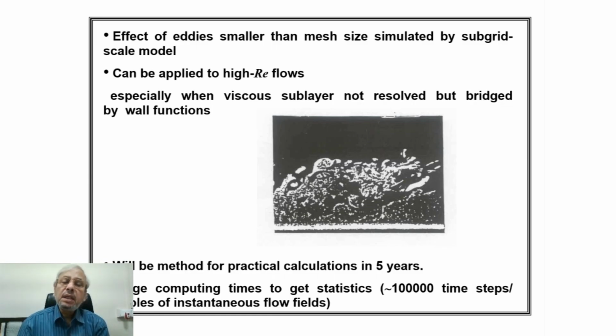And since there is no fluctuation, describing velocity and other turbulent flow related parameters within the viscous sublayer, those are to be very accurately determined, or one can also apply something called wall function.